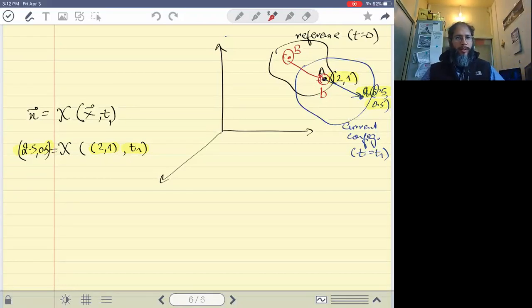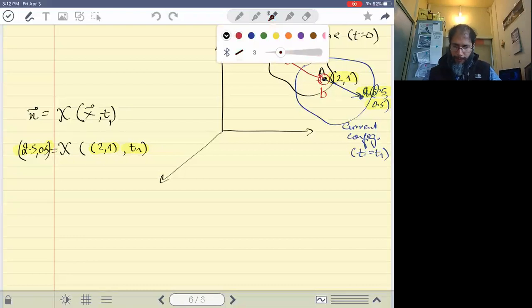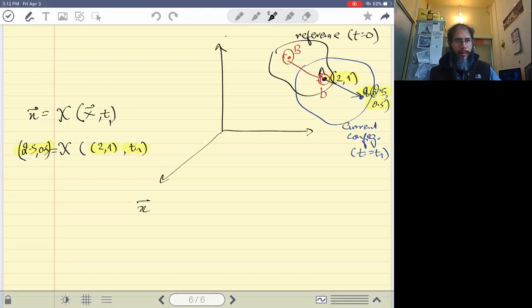Now what we are seeing is, if I give you some spatial coordinates, let's say in this case 2.5, 0.5, and I give you a time, then you can find exactly what point is lying there. What I mean to say is, if I give you some spatial point, some x comma y, and a time, then using a kappa inverse function, you can tell me exactly what is the ID of the point that's lying there at that time.